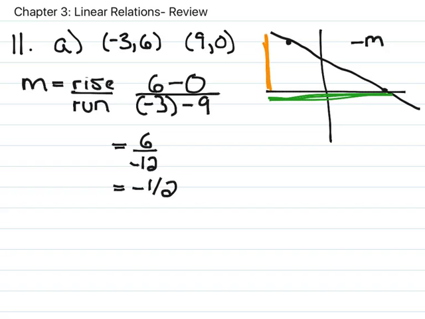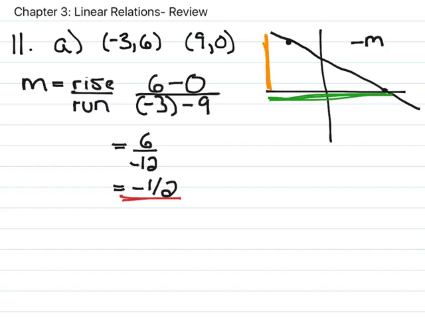So that's going to be your slope, which we've been writing in red, so I'll keep it with that. So now, similar to what you did in question 10, you have a slope value, and you have an option of 2 points. So you can plug it in using either point.